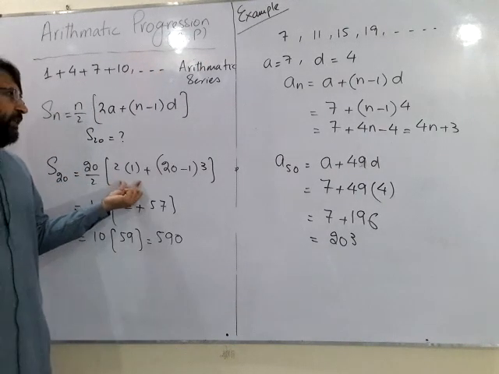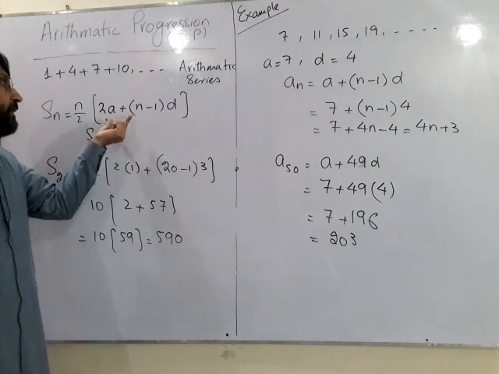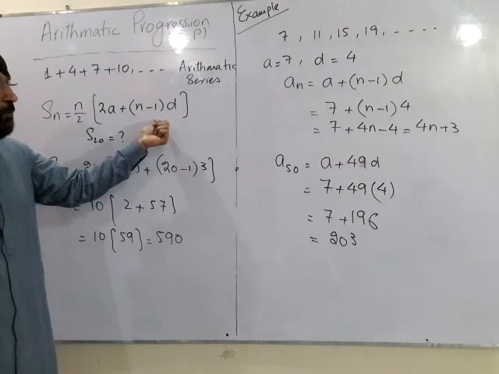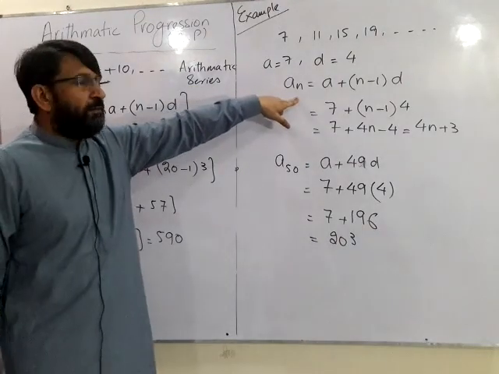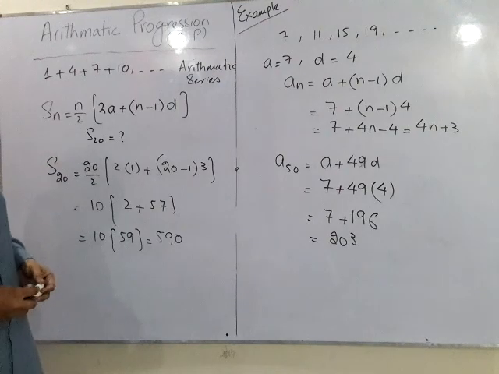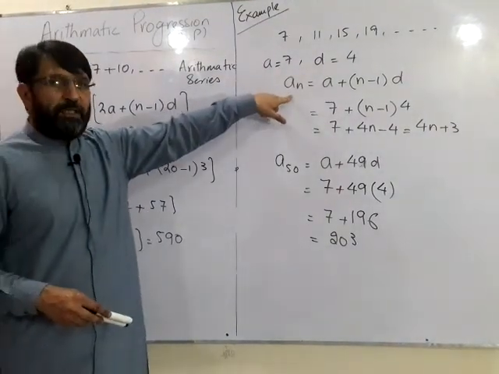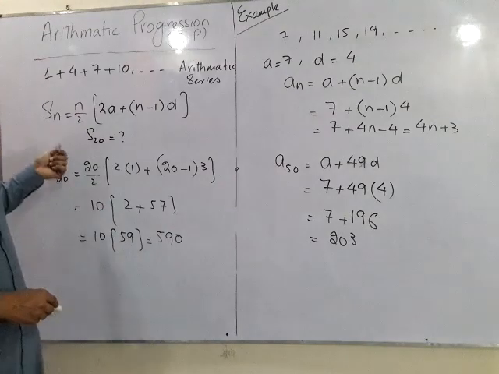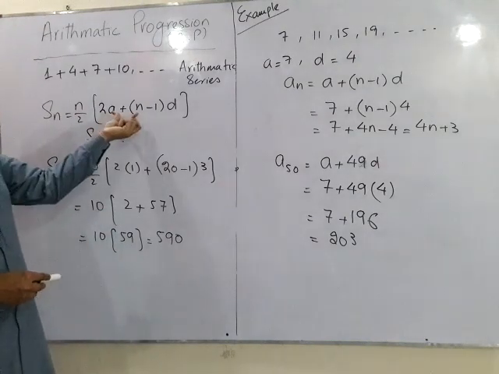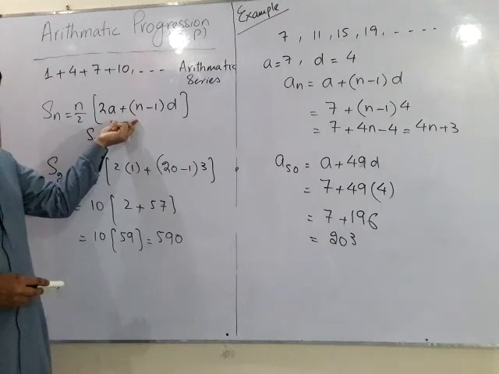Again I am saying that you don't need to memorize this. That formula will be given to you in the data booklet. So if you are looking for a specific term or the general rule, you can use the nth term formula. But if you are looking for the sum of certain values, we can use this formula.